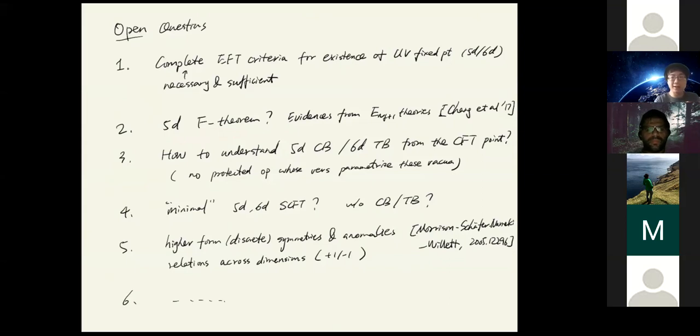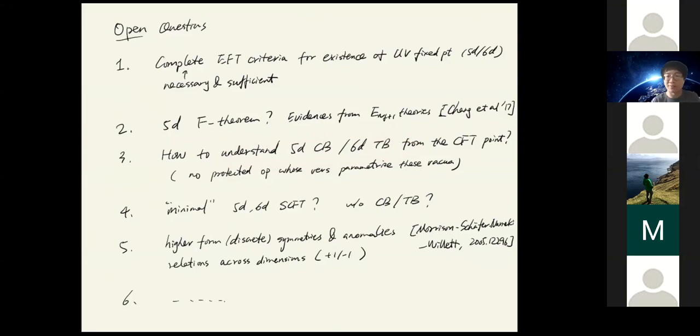Another question that I think is very important is to understand the notion of the 5D moduli space, the Coulomb branch, and the 6D tensor branch directly from the CFT perspective. In this case there are no protected operators whose vevs parameterize these moduli spaces, which you see very nicely from the geometry coming from resolutions.